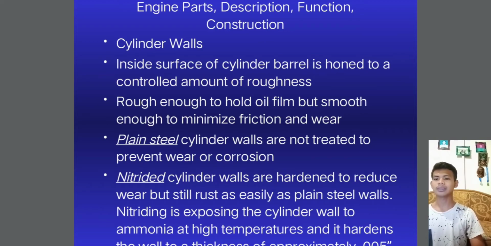Nitrided cylinder walls are hardened to reduce wear, but still rust as easily as plain steel walls. Nitriding is exposing the cylinder wall to ammonia at high temperature, and it hardens the wall to a thickness of approximately.